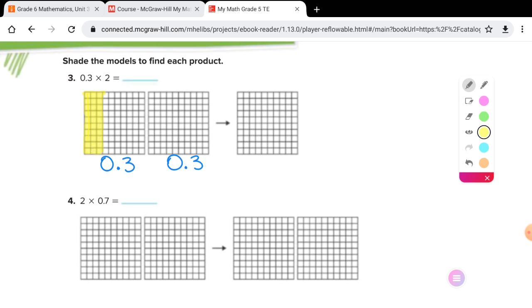And then you'll shade 3 columns on this one, because that's 3/10. And then it's wanting you to put both of those on this one together. So we would shade 3/10 and another 3/10. So how many columns should I have? 6. I should have 6 columns shaded in on this one.